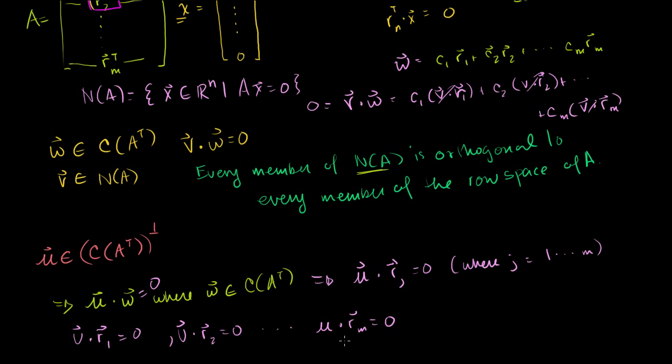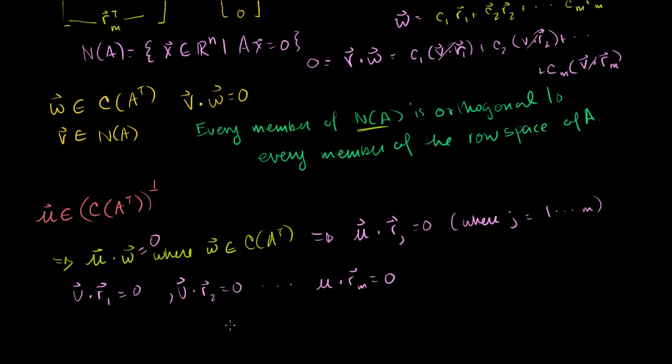Well, if all of this is true, that means that A times the vector u is equal to 0. That implies this, right? You stick u there, as you take all the dot products, it's going to satisfy this equation, which implies that u is a member of our null space. So we've just shown you that every member of your orthogonal complement is a member of your null space. And now we said that every member of our null space is a member of our orthogonal complement.